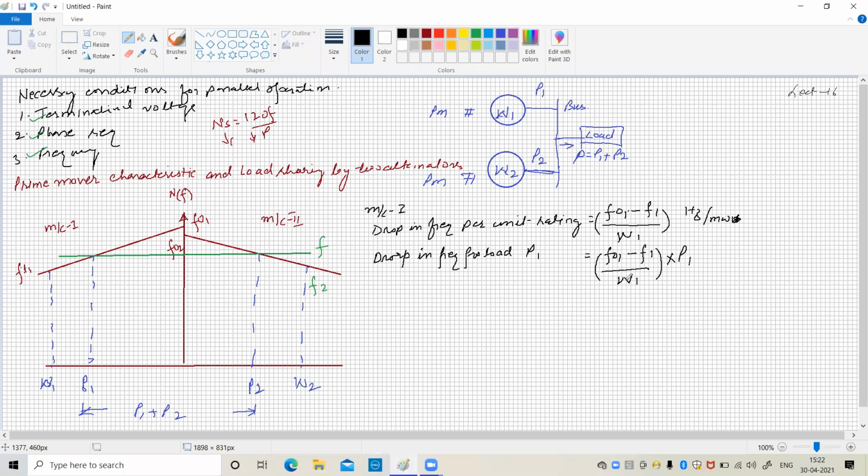The megawatt units cancel out, so the remaining unit is frequency. This is machine 1.